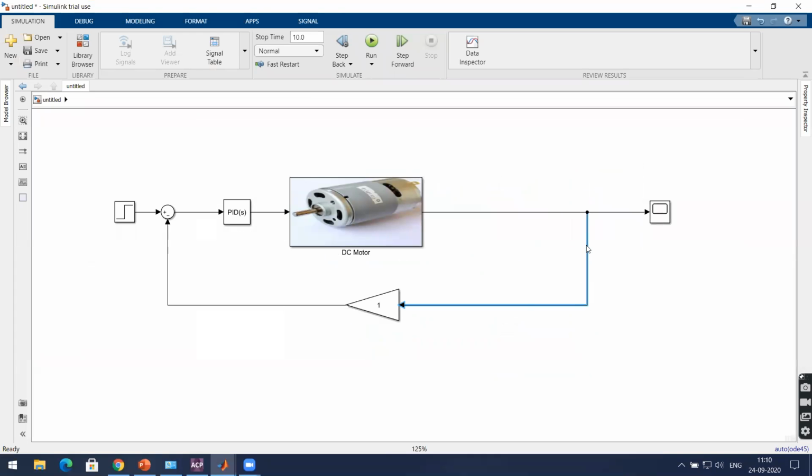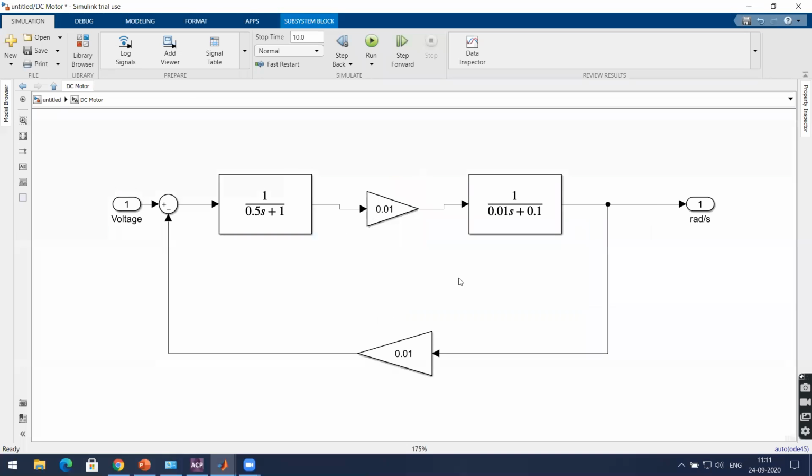Suppose you have all the car dynamics as well, if you want to control a car or a drone, then that will add up. If everything is on one screen, it will look very cumbersome. So in order to make it look cleaner, we have the facility of making subsystems.